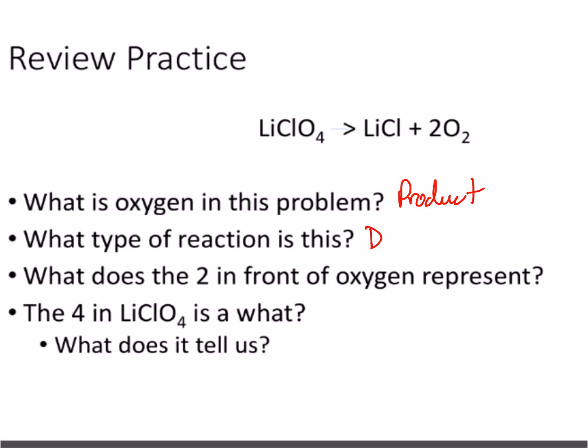How do we know it's a decomposition reaction? One reactant. That's how we know for sure it's decomposition. What does the 2 in front of oxygen represent? Okay, not just 2 O2s, 2 what? What do coefficients represent? It's from our notes.